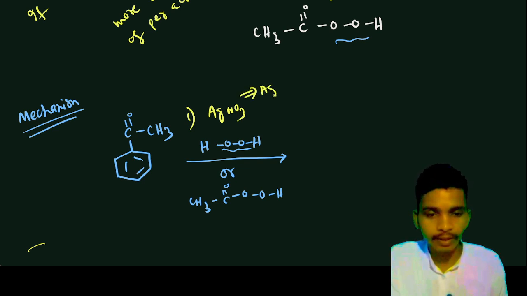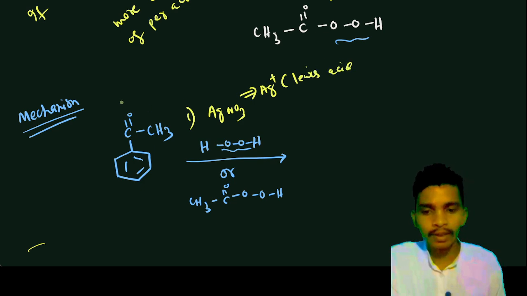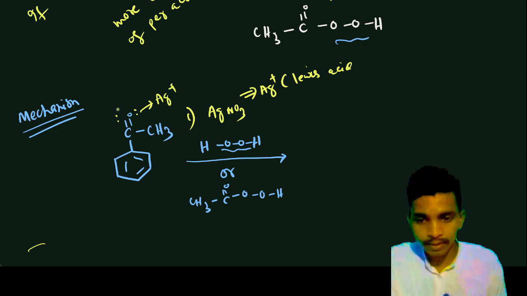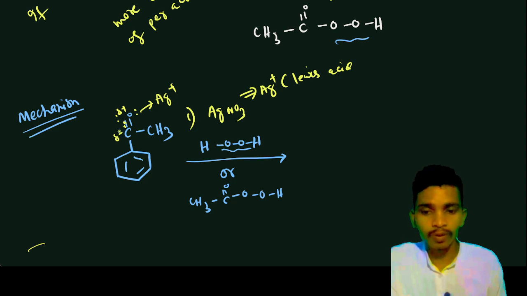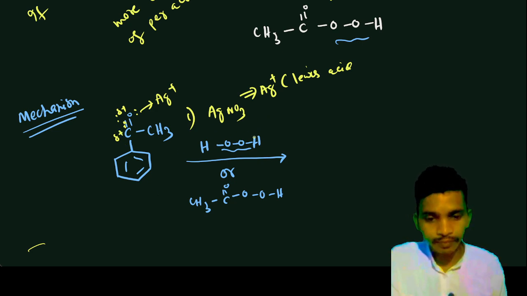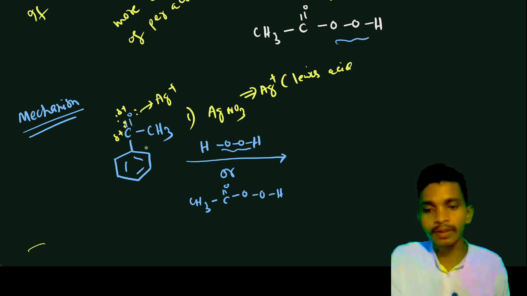This gives Ag plus, which is a Lewis acid. The oxygen will give lone pair electrons to Ag plus. After that, this carbon gets delta positive charge, and it attracts electrons toward itself. So we get more delta positive charge, and the attack on this group will be easy.